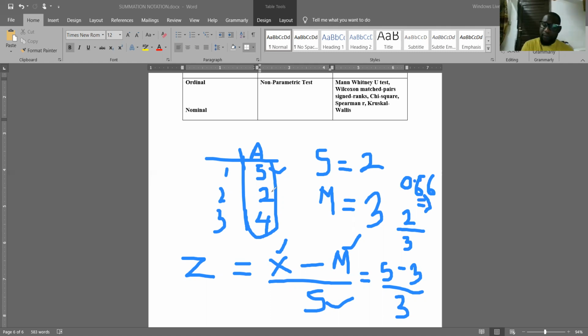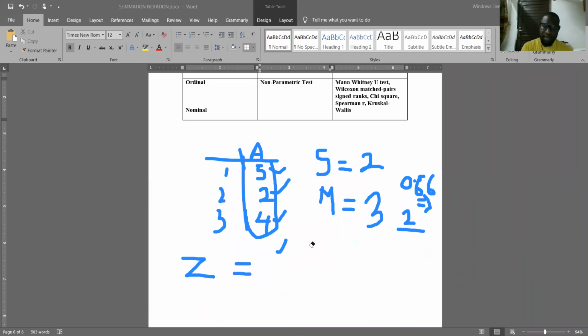And you can do the same for the raw scores of 2 and 4. Let's try the raw score of 2, using the same formula: z is equal to the raw score x minus the mean over the standard deviation, bearing in mind that we had a mean of 3.